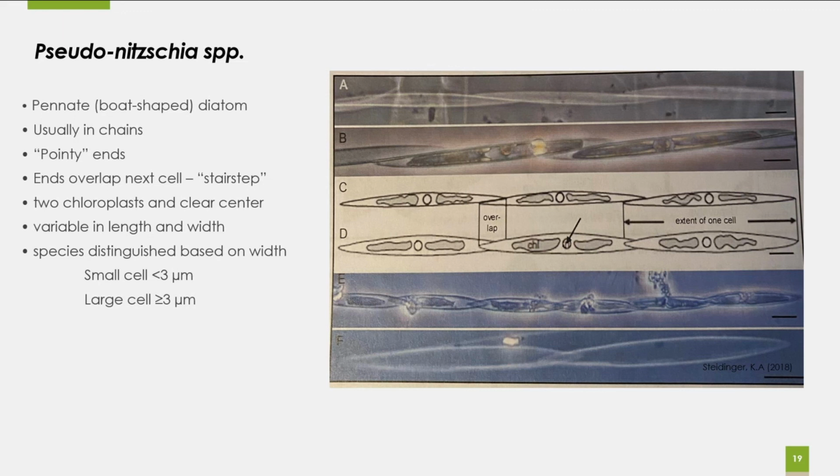We consider small cells anything less than 3 microns, which I'll show you on a scale, and a large cell is greater than or equal to 3 microns. We distinguish these and have different alert thresholds for these sizes because small cells are likely to produce less toxin and large cells are likely to produce more toxin.